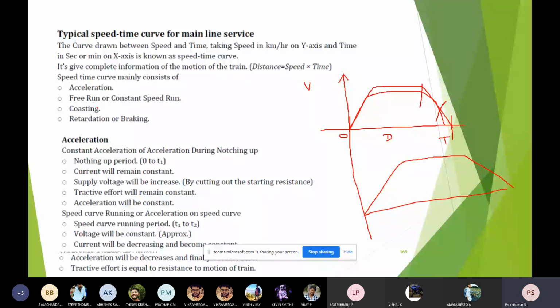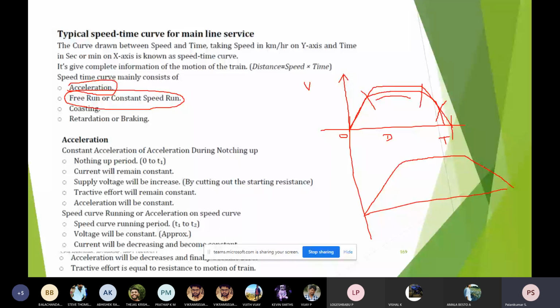speed time curves. The first one is acceleration. The second one is free run or constant speed run. Up to here it is acceleration, and from here to here it is called free run, constant speed.